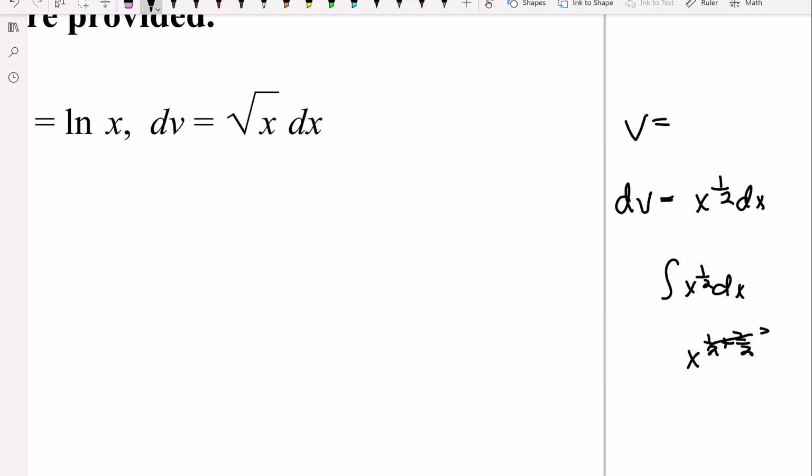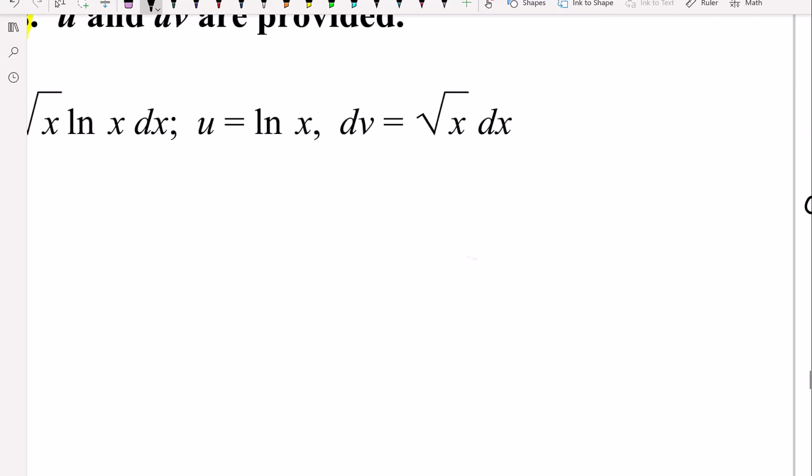So now that gives us 3 over 2. So instead of dividing by 3/2, we're going to multiply by the reciprocal. So this would be 2/3 x to the 3/2. So if we take the derivative of 2/3 x to the 3/2, we end up with x to the 1/2, or square root of x.